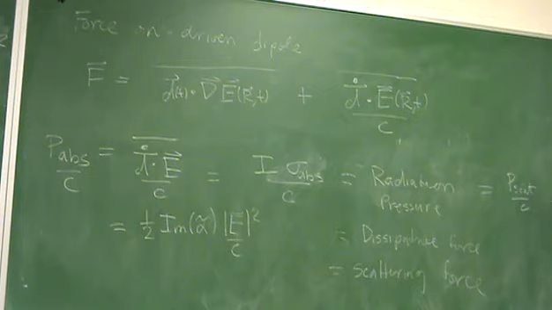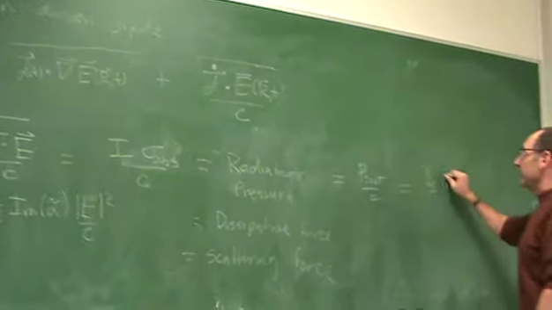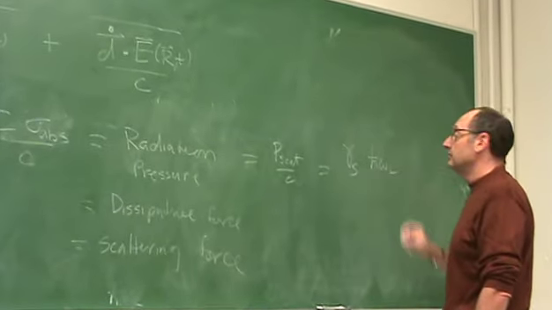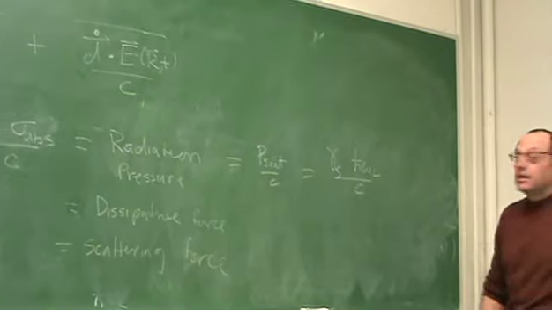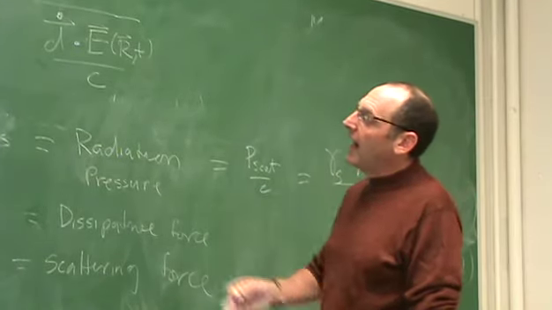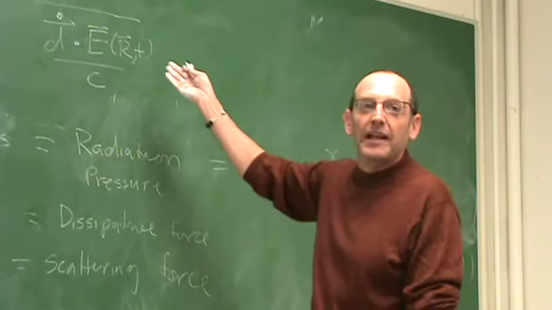And that scattered power, we said, was the rate at which photons are scattered times h bar omega, divided by c. Of course, it's in a direction.